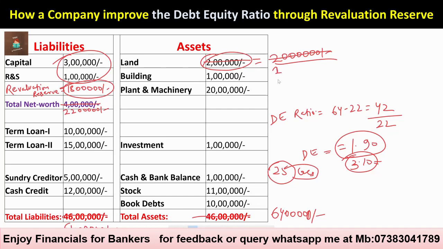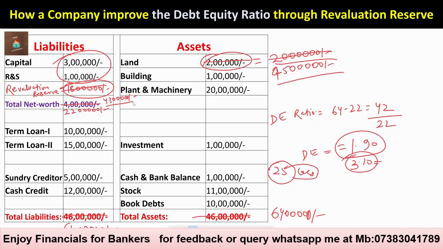They will say that now the value of the land is 45 lakh rupees. The moment they write 45 lakh rupees, they increase the revaluation reserve by 25 lakh rupees. So the D ratio and everything will be set right.